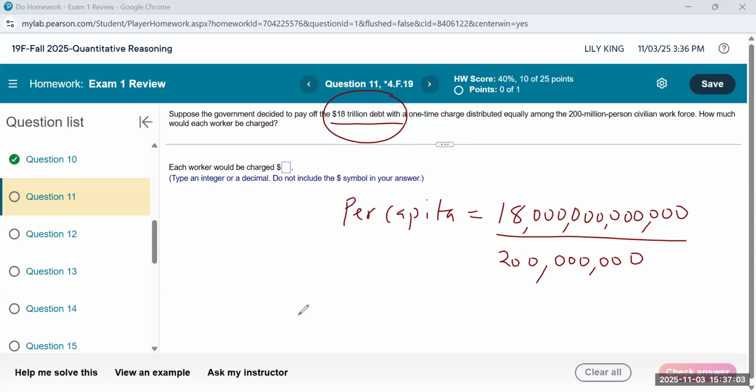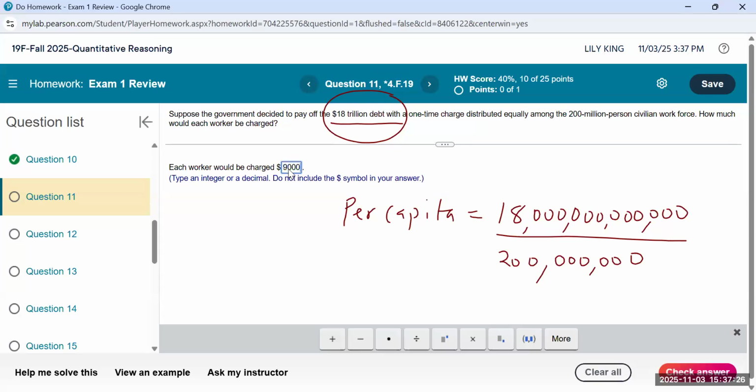And since we don't have any decimal already in the number, we have to add what? 6 zeros for that. So now to simplify this, we have 90,000. And if you divide these two numbers, you have $90,000.